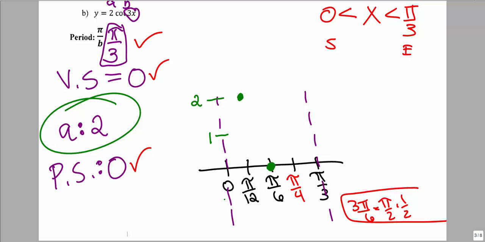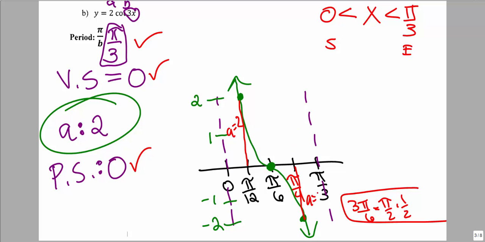And then the same thing for going down and to the right. So cotangent goes to the right and down. We're going to go down 2 units this time. So my cotangent graph looks something like this. And the A tells me, once again, if I go up, it tells me to go up 2 units to the left. And then if I go down, it tells me to go down 2 units to the right.